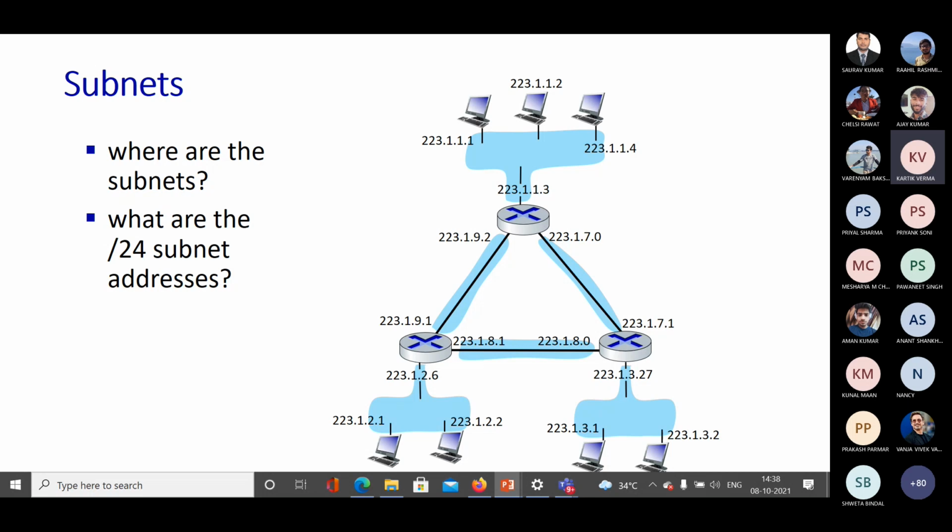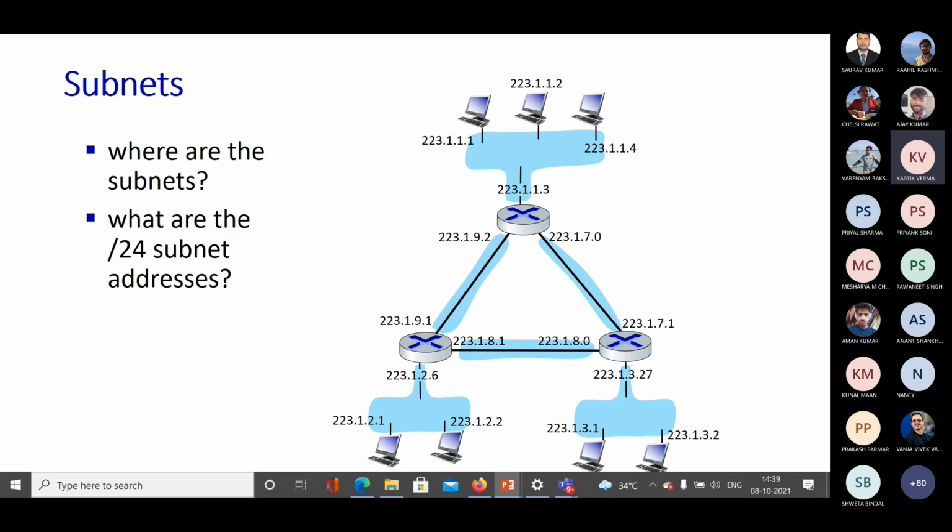Because all the other ones are connected to the hosts, right? Okay, 3 is not exactly correct, but yes, there are 3 subnets. Any other answer apart from 3? 3 is just a subset of the correct answer. So what is the correct answer? What is the total number of subnets here?